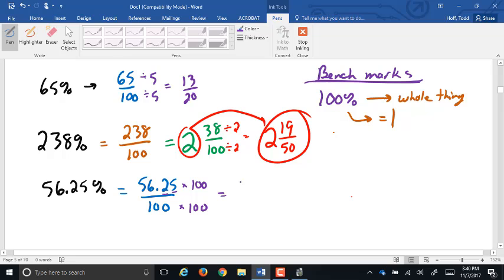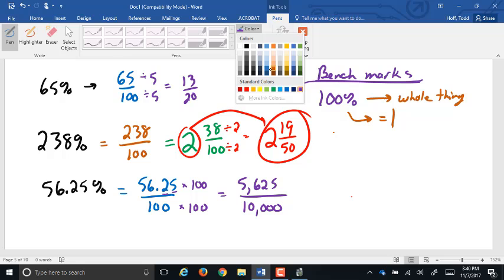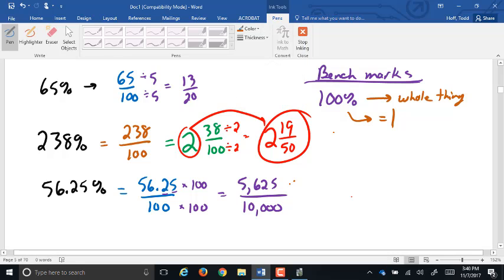Good, to move it 2 decimal places. So I have 56.25 times 100 is 5,625. 100 times 100 is 10,000. What can both of those be reduced by?